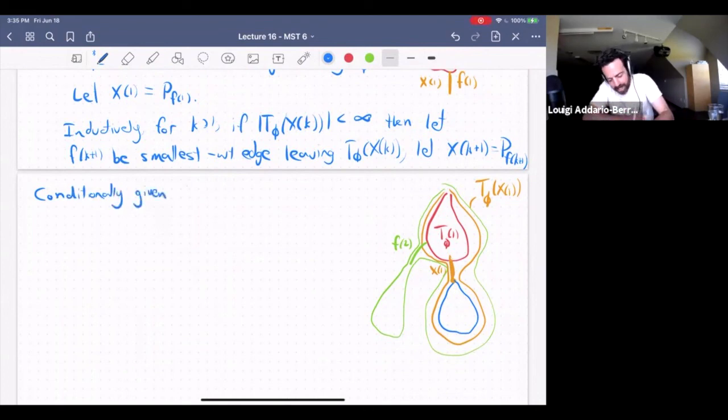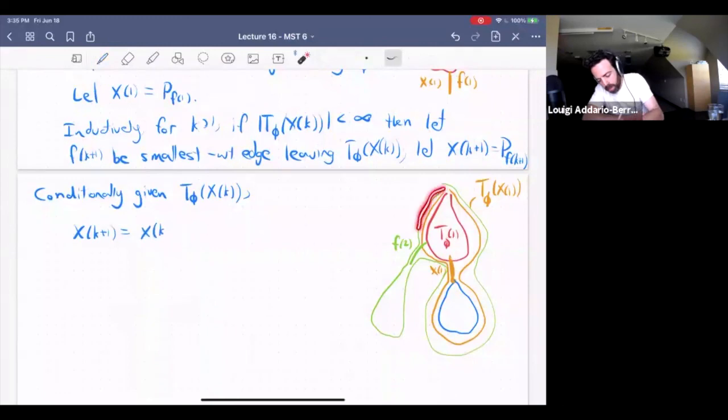Conditionally, given the tree, the kth step of this process, the next edge weight, what's it distributed as? Well, it's the smallest. What we know after k steps is that all of the edges leaving this bubble are bigger than x_k. Okay, and so each node here has a Poisson process of edges attached to it, and we're taking the next weight, which is the first weight bigger than x_k.